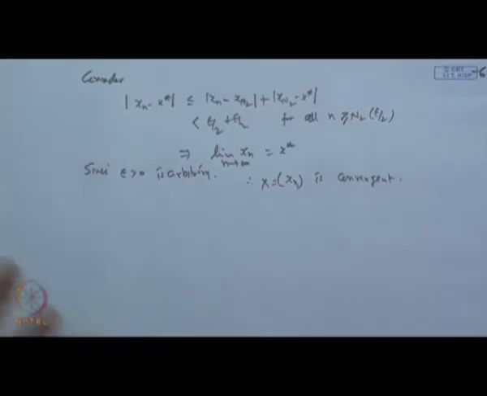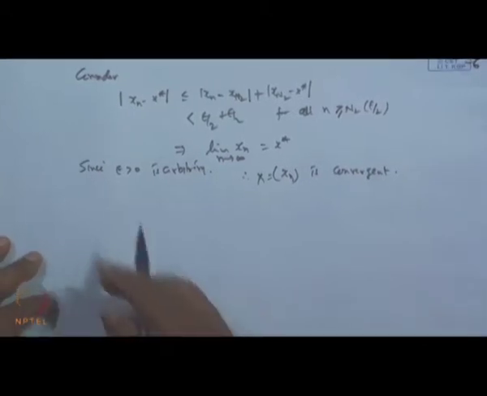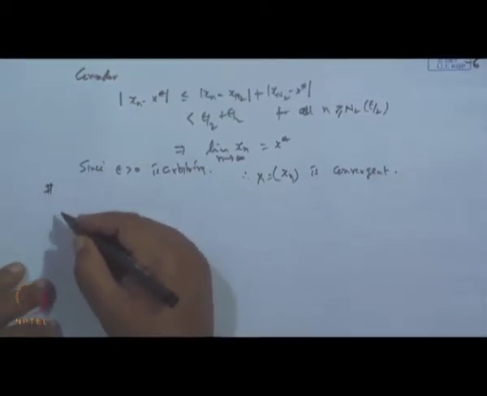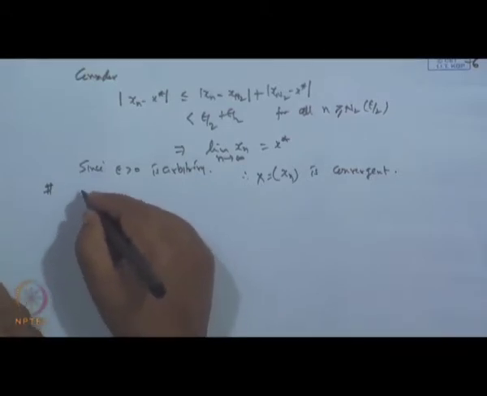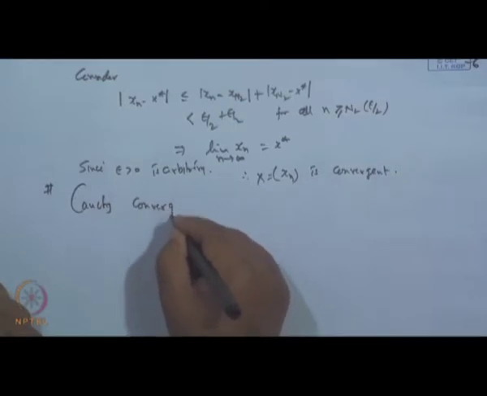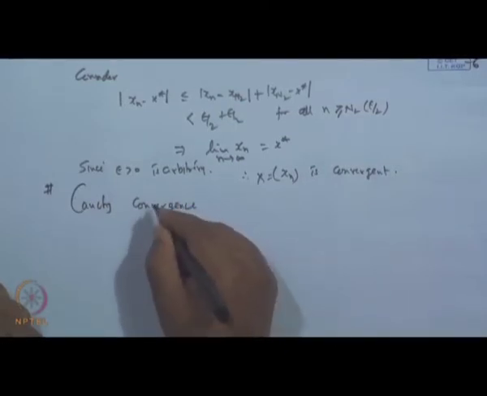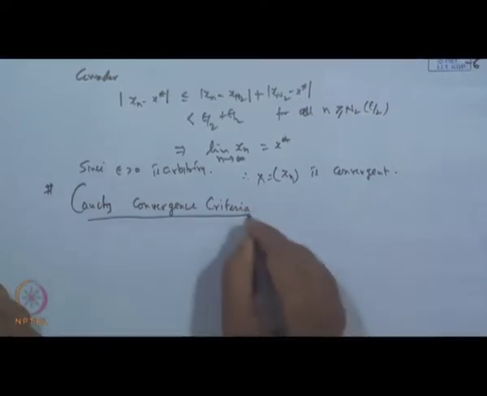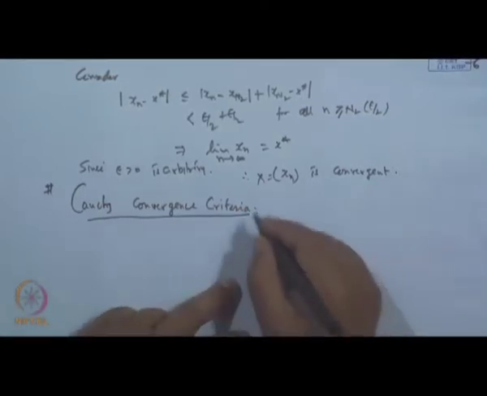Now, lemma 1 and lemma 2 and 3, if we combine lemma 1 and 3, we get the result which is known as the Cauchy convergence criteria, and that is a very important result. What does this criteria say?